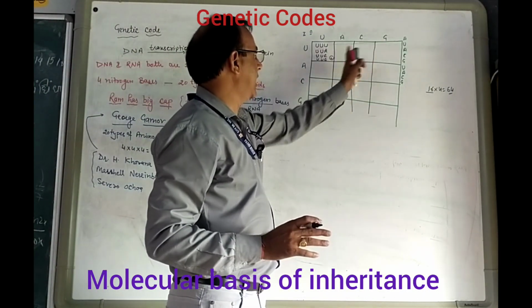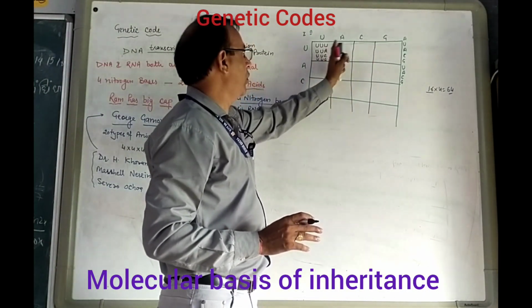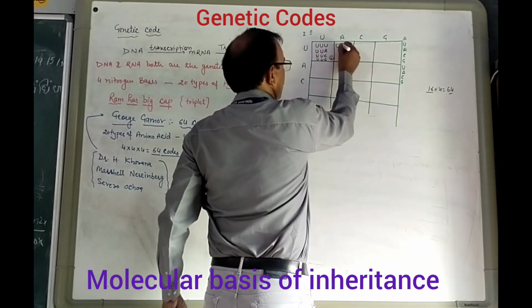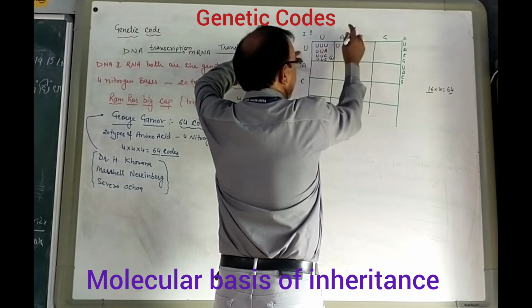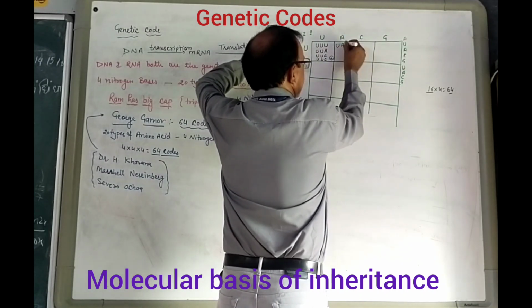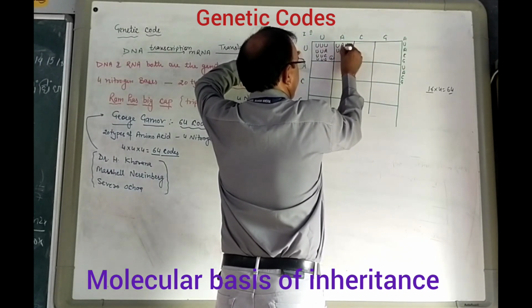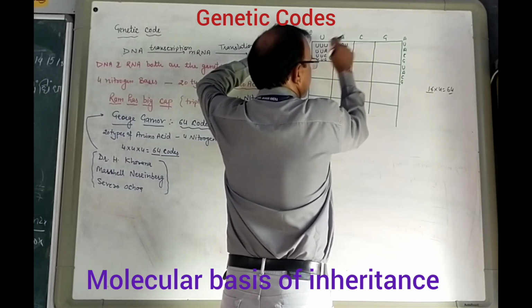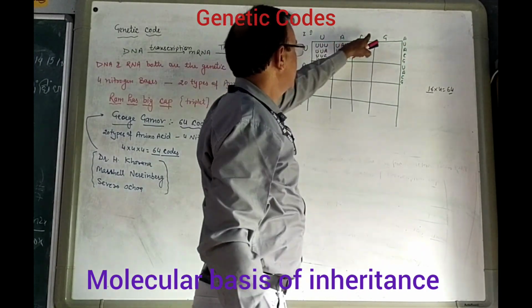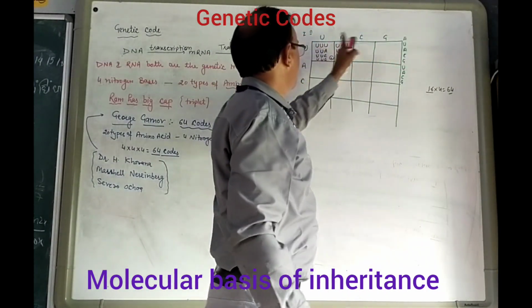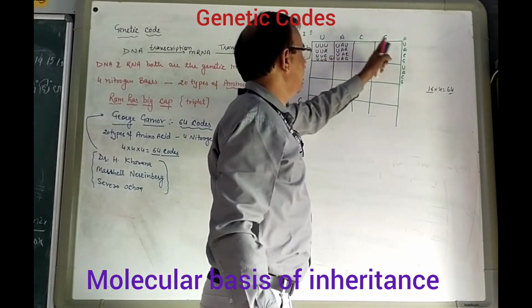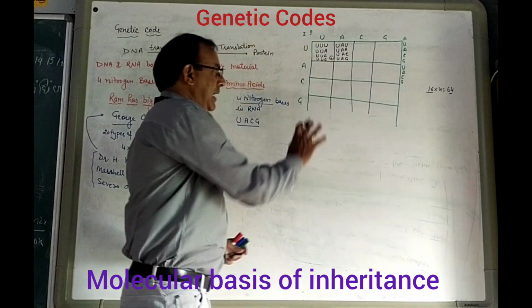How are these codes arranged? Just one slot, again one slot, U, A, U. Again first U, secondly A, and this one U. Again U, A, U, A, C, U, A, G. Same. Next one U, C, U, C, A, U, C, C, U, C, G. We will write it.